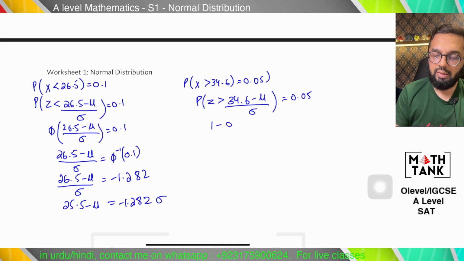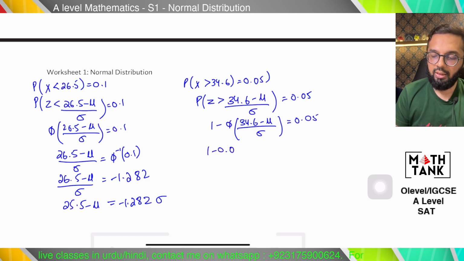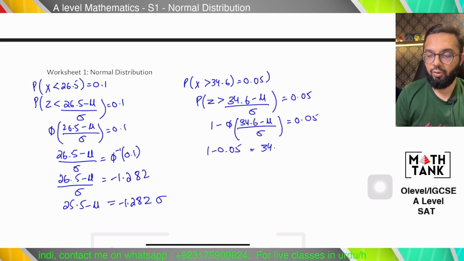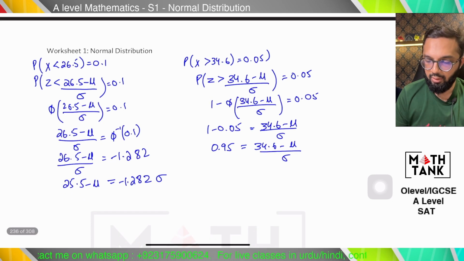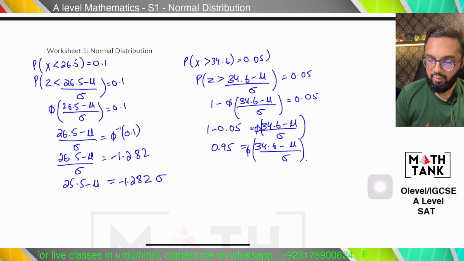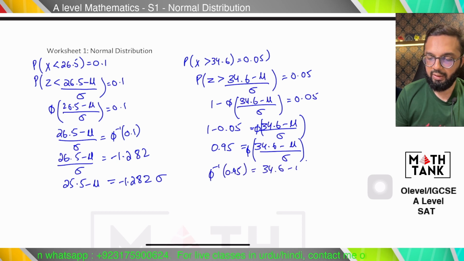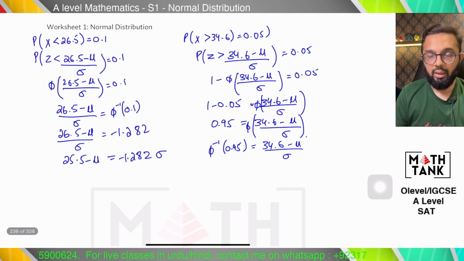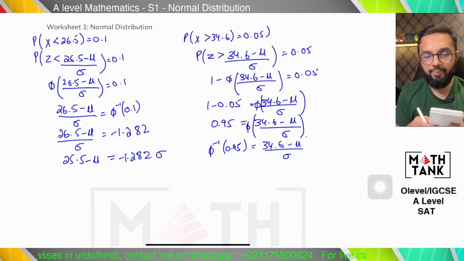Then it's 1 minus phi of (34.6 minus mu) over sigma equals 0.05. 1 minus 0.05 equals phi of (34.6 minus mu) over sigma, which is 0.95. So 34.6 minus mu over sigma equals phi inverse of 0.95.